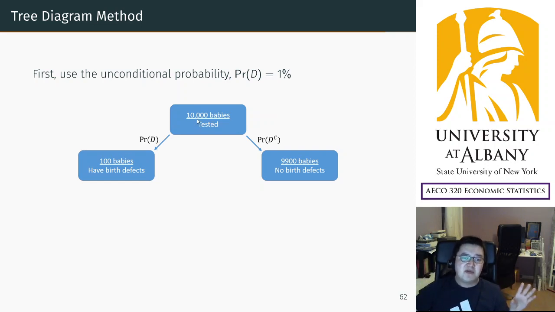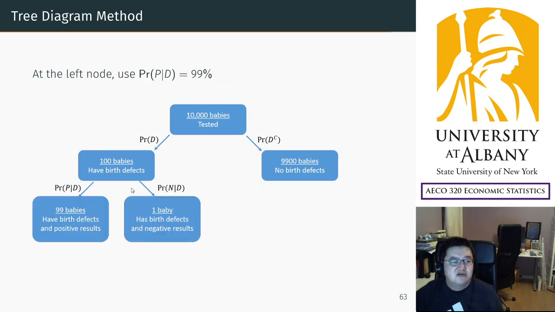Among 10,000 babies, 1% have birth defects. So 1% of 10,000 is 100 babies. So there are 100 babies with birth defects. But the other 9,900 babies do not have any birth defects, right? That's the first step.